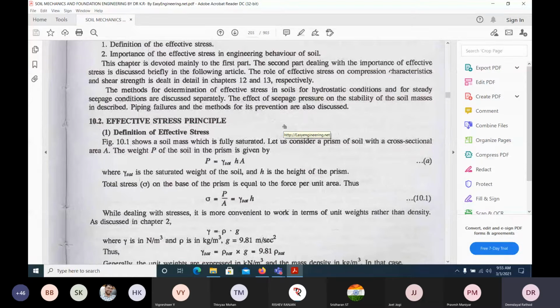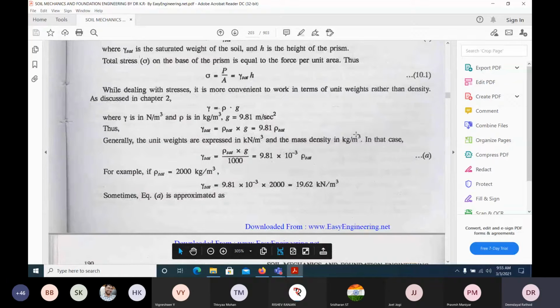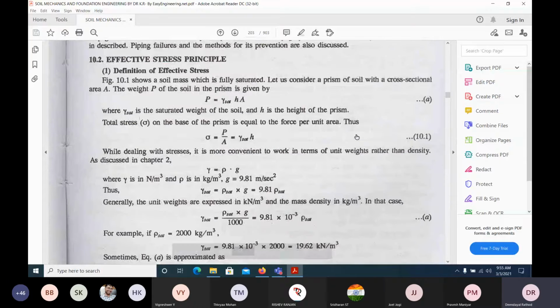Hope it is clear. What I'm trying to do here is, I have taken a prism. I want to find out the stress here. Stress means, first you find out the weight P of the soil there, in the prism. How can we get the weight of the particular prism?